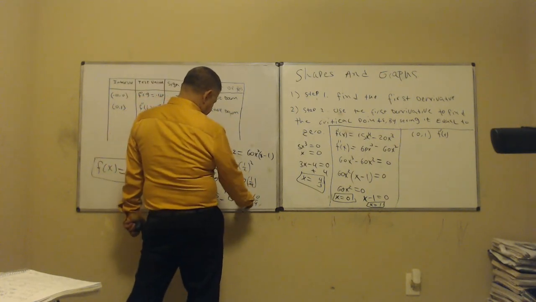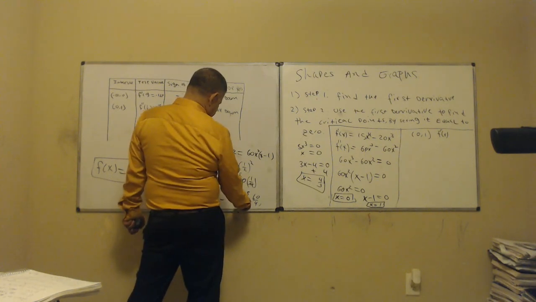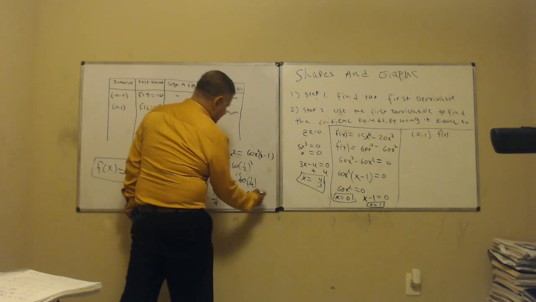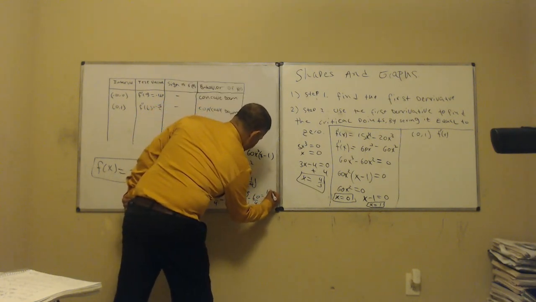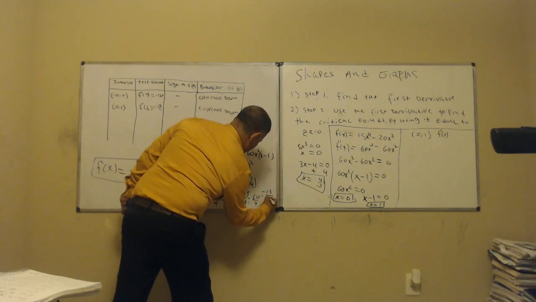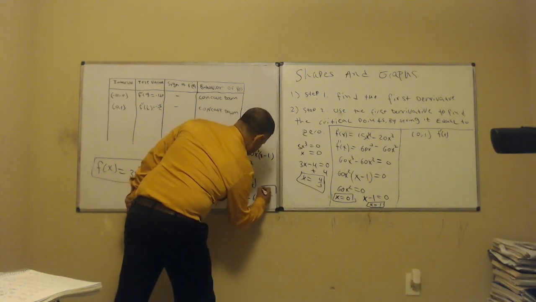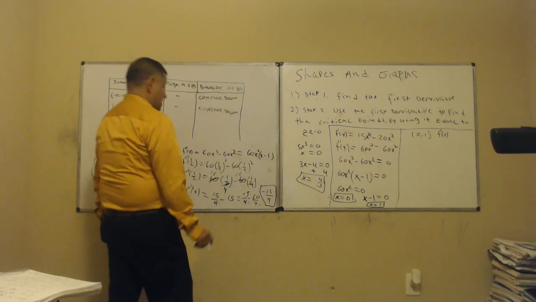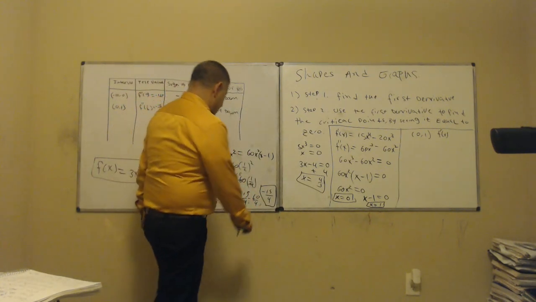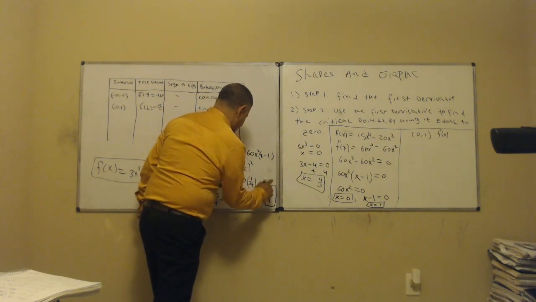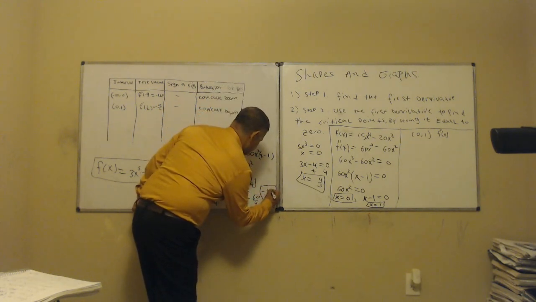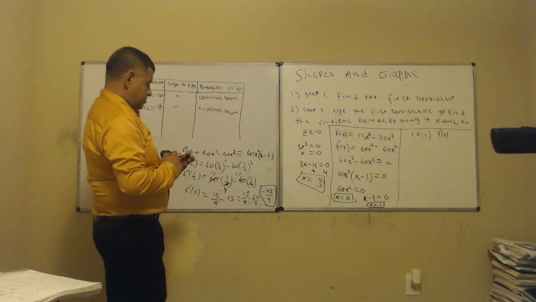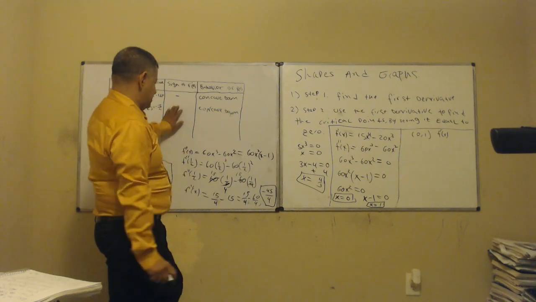Now this guy becomes negative 15 over 4. No, 45, sorry. Negative 45. Okay, so negative 45, right?